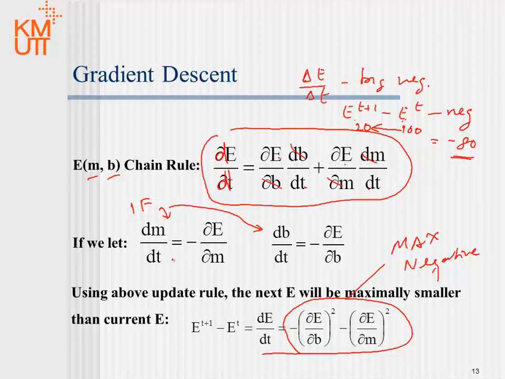So that's why the update rule is basically this is m(t+1) minus m(t), and you take the m(t) to the other side and you get the update rule. So this is the basis of the update rule in gradient descent. So why do we choose this update rule? Because by choosing this update rule the energy will decrease as quickly as possible.